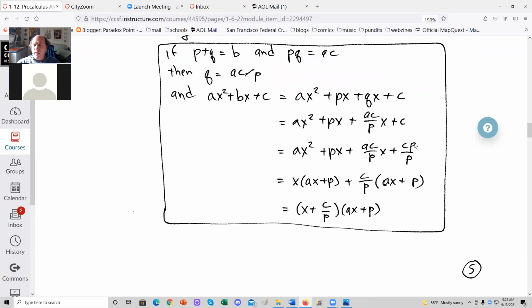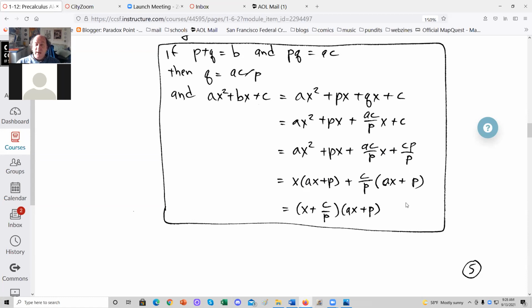We'll write this c as cp divided by p. That way, these two terms have a common factor of c over p. And then these two terms have just a factor of x. So from these two terms we pull out an x times ax plus p. Pull out c over p, and we're left with ax plus p again. These factor out as ax plus p times x plus c over p.